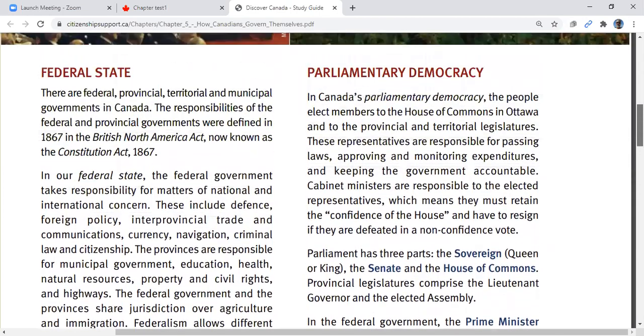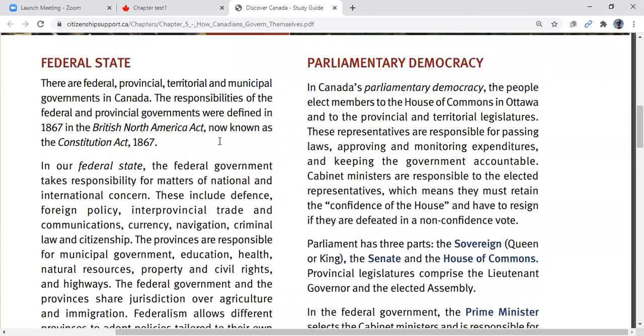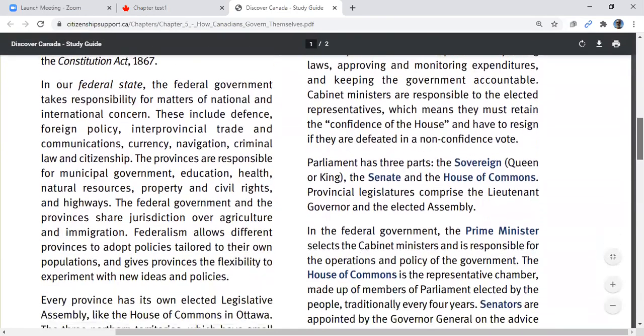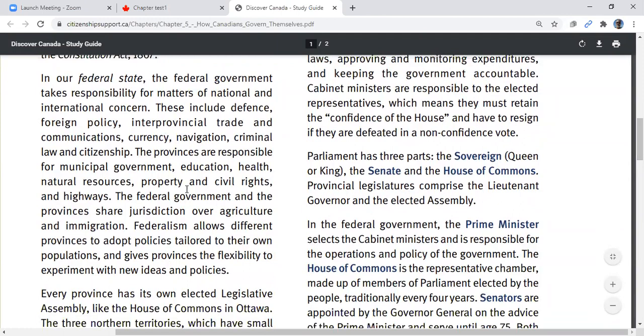So that's talking about the federal state. It talks about the British North America Act, and then the Constitution Act of 1867. And that says what responsibilities the federal and the provincial government have. It talks about all the things the federal government has to look after, and all the things the provincial government has to look after. And then the 2 things, agriculture and immigration, that they work on together.